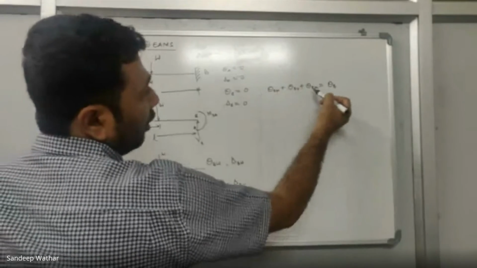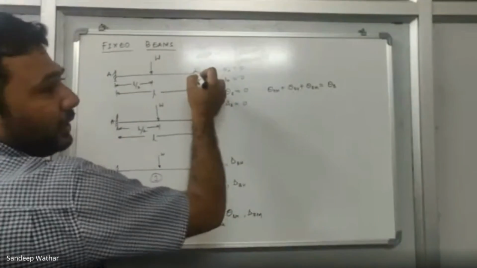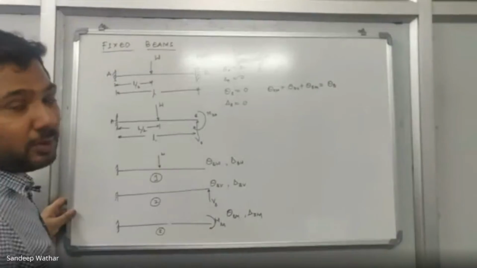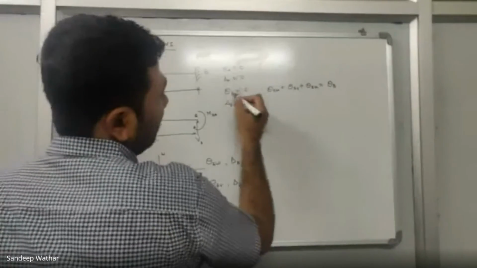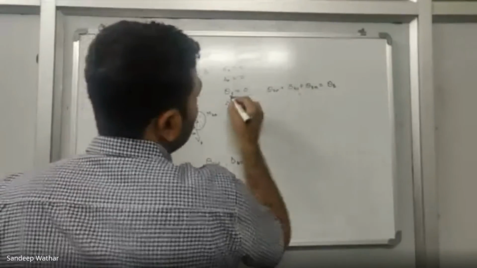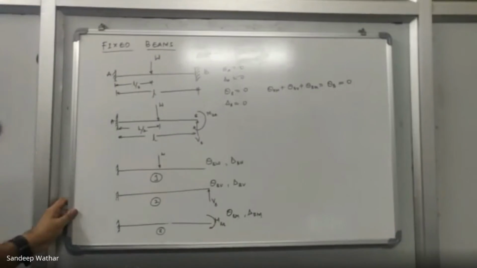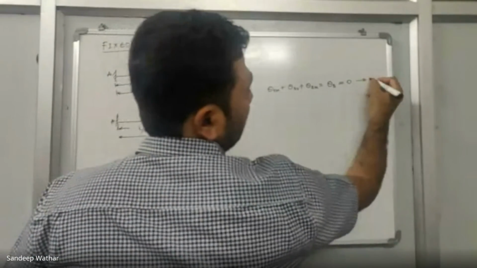If you add all of those, it will give you the net theta B at the joint B, again going back to the principle of superposition. But what does the compatibility equation say? With respect to this condition, theta B should be equal to 0. So this is our first equation.